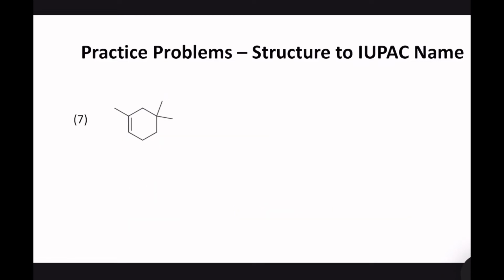Let us look at the next example. If it was a simple cyclohexane ring without the double bond in this way, then we can obviously start numbering this way 1, 2, 3 because this is most substituted, 2 methyl groups are there.